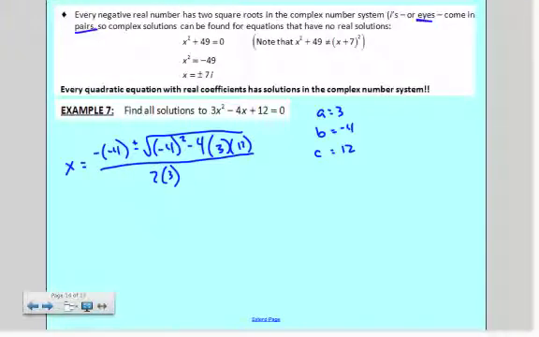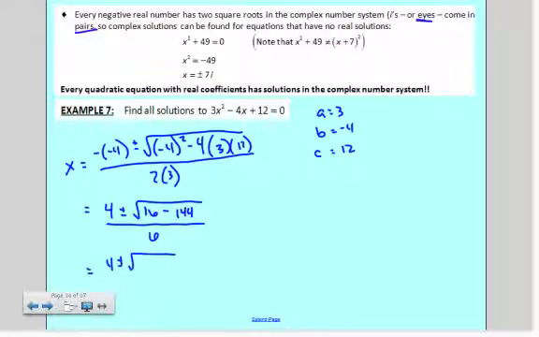Now we have a lot of horrible algebra. 4 plus or minus the square root of 16 minus 144, all over 6, equals 4 plus or minus the square root of -128 over 6.